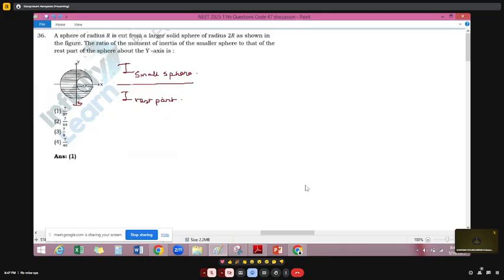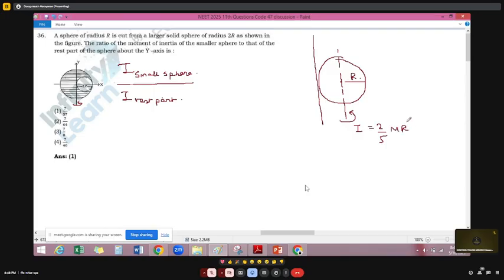So let's try to think about only this inner sphere alone, the smaller sphere alone. If anybody asks me what is the moment of inertia about this axis, just now we saw it, I is equal to 2 by 5 mr squared.